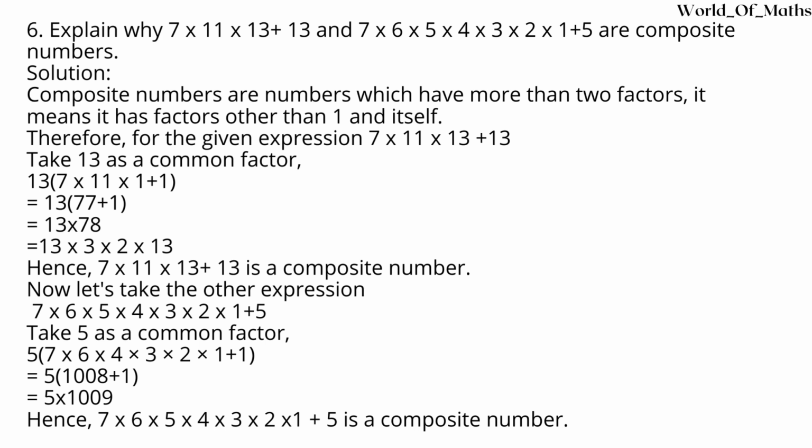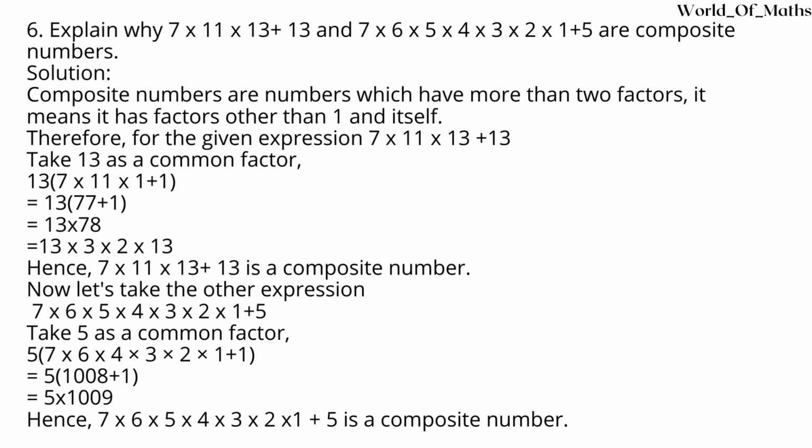So we can write the given expression 7 multiplied by 11 multiplied by 13 plus 13. Taking 13 as a common factor, we can write it as 13 multiplied by 7 multiplied by 11 multiplied by 1 plus 1, which can be simplified to 13 multiplied by 77 plus 1, which is equal to 13 multiplied by 78.